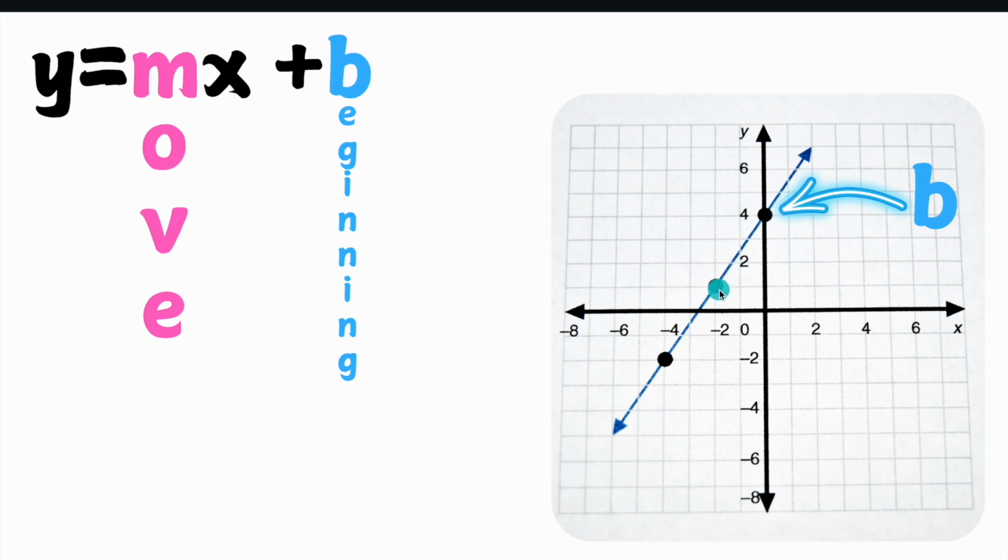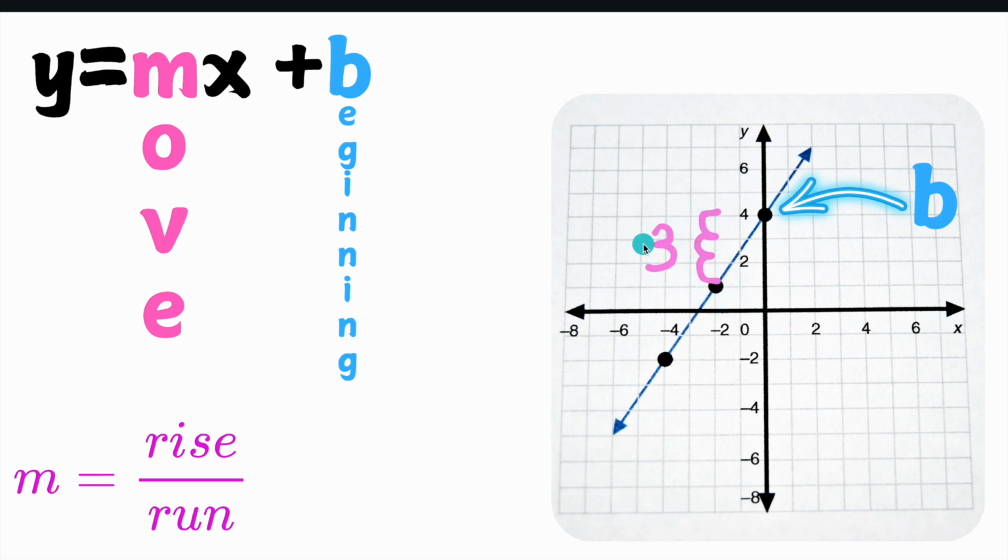Then we're going to look at how the line moves, m, rise over run. So first we'll look at the rise, how much the line goes up. In this case 3, that will be 3 divided by the run. In this case the run is 2. So m will be 3 over 2.